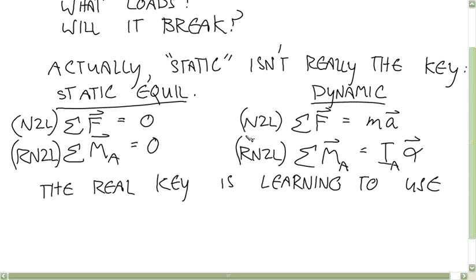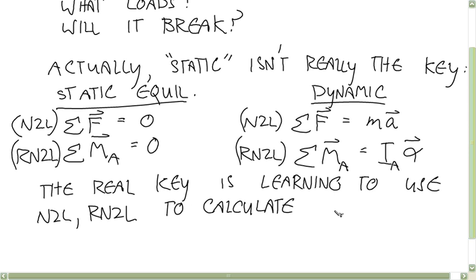The real key is to learn to use these equations, N2L and the rotational Newton's second law, to calculate reaction forces. And the methods that we're going to learn in this class would apply just as well to this dynamic condition as in static conditions. It's just that you have to know a little more about what's going on. You have to be able to calculate the acceleration and angular acceleration.